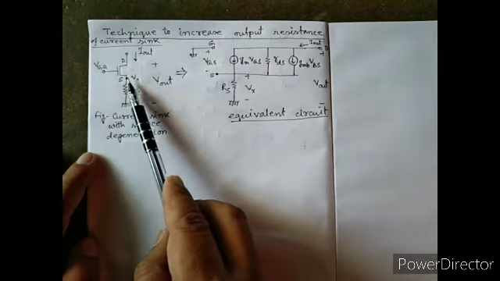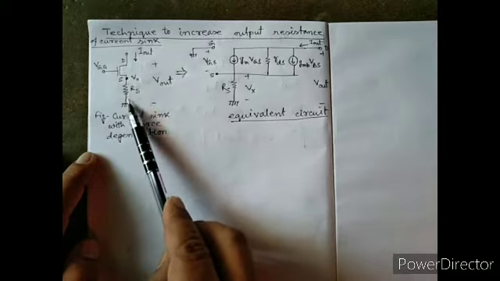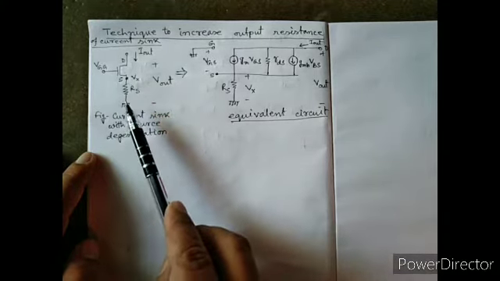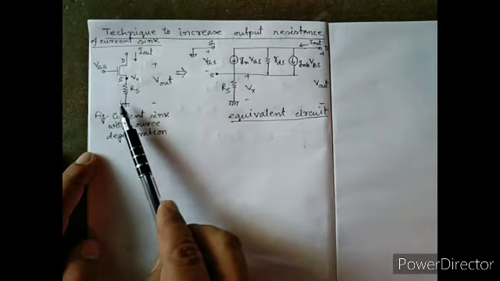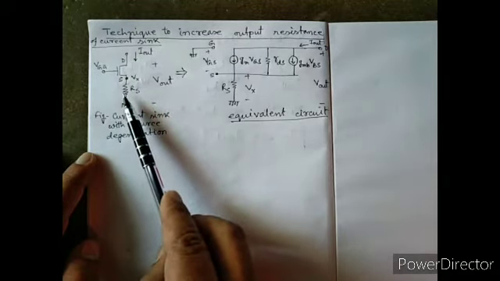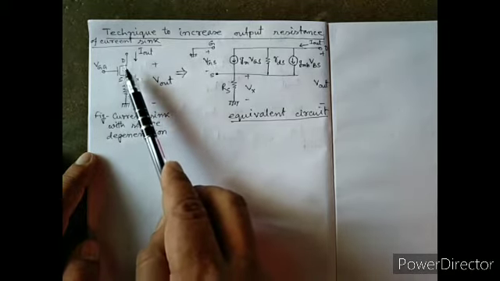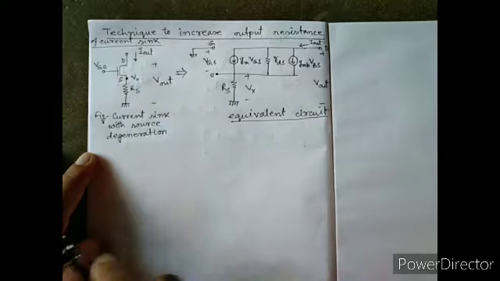If we put a resistor between the source and ground terminal, then this resistor will come in with the transistor output resistance.